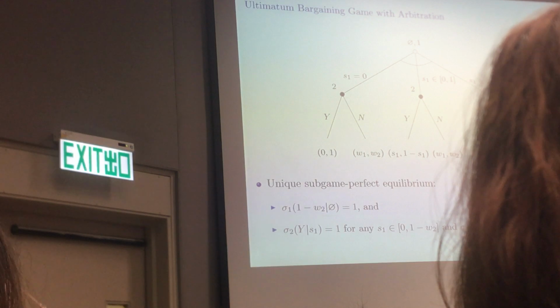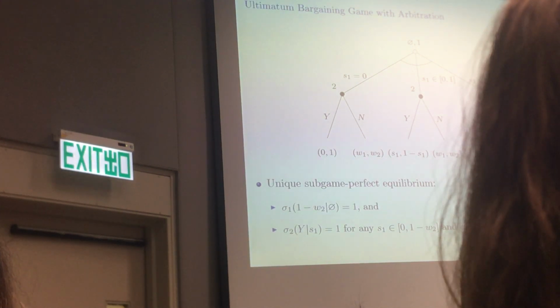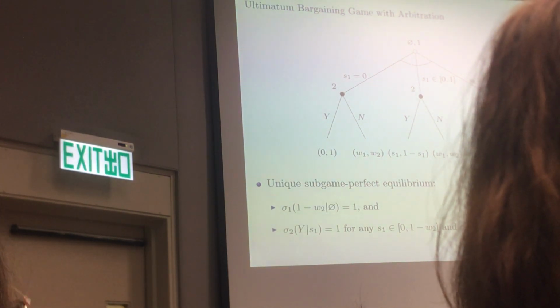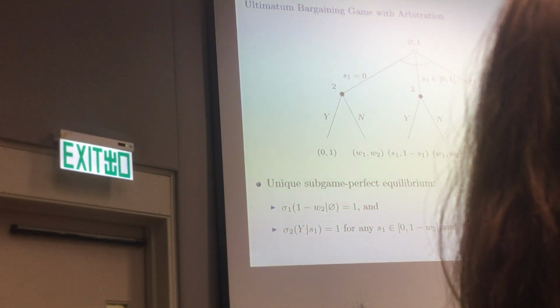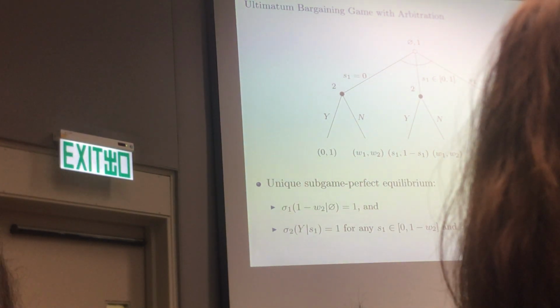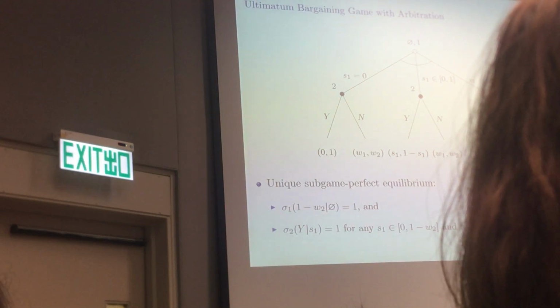So this payoff is the payoff from saying yes for player 2, and this is the payoff from choosing N, choosing no, for player 2. If this is strictly larger than this, then player 2 has to choose Y. So player 2 has to choose Y in any subgame such that S1 is strictly less than 1 minus W2.